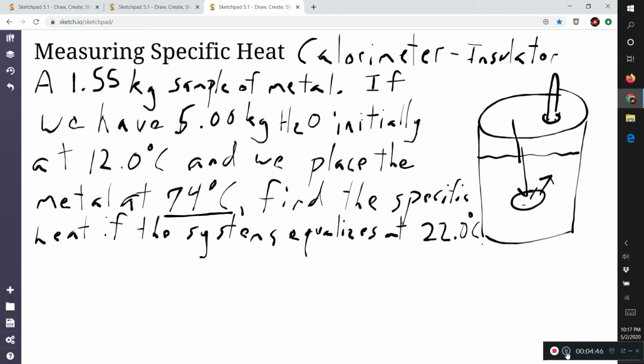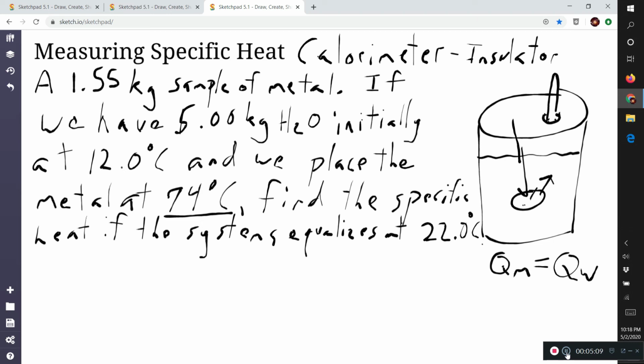And then you see how much of that energy transfers out into the water. So the basic idea here is that the heat given off by the metal is going to equal the heat absorbed by the water.